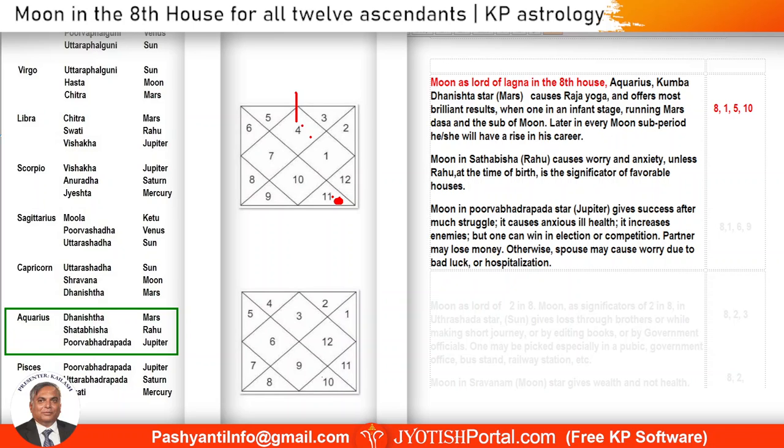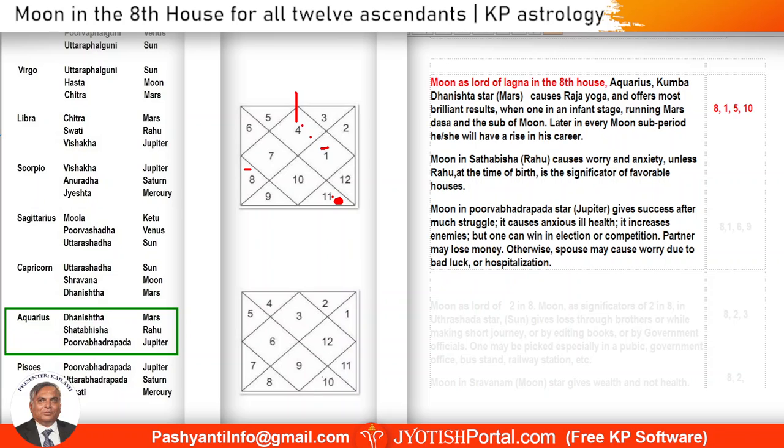And then since the moon is in the star of Mars, for the Cancer ascendant Mars is going to be the lord of the 10th house and the 5th house. Right? So the grouping that we get is 8, 1, 5 and 10.